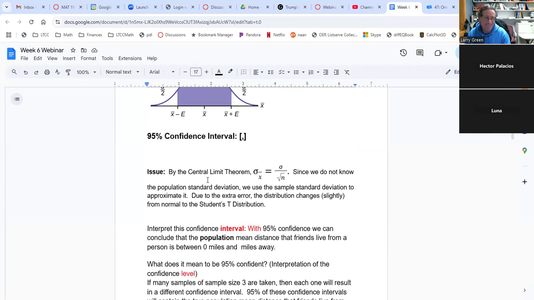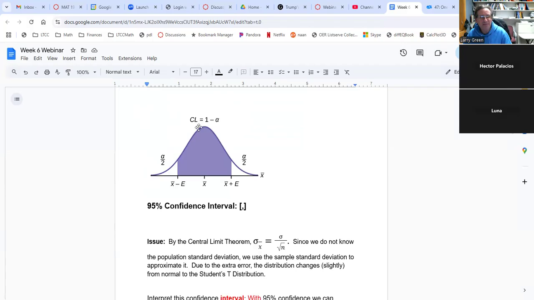Turns out there was a statistics professor who also worked as a consultant for a brewery and realized that if they used the normal distribution and did this formula with the central limit theorem, then they weren't right 95% of the time, even though the area said it was supposed to be.